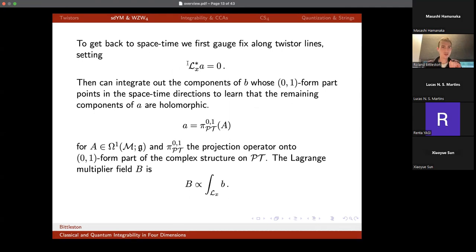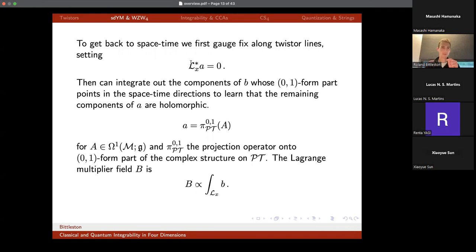So the way you do that is you just go to one of these twistor lines. So we look at some point on R4, we look at the twistor line, or whatever space-time might be. I guess it could be in principle some self-dual, conformally half-flat background. We go to a twistor line over a point.